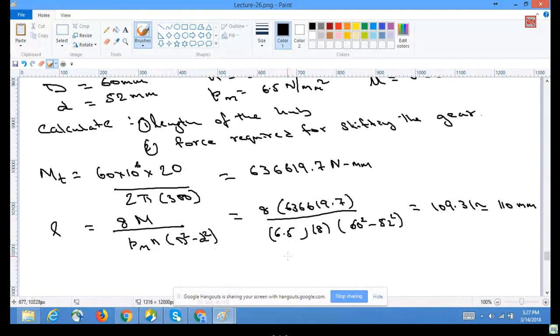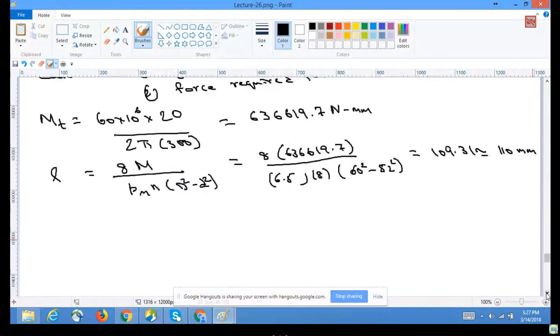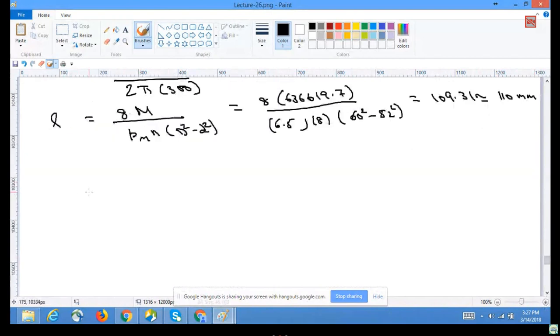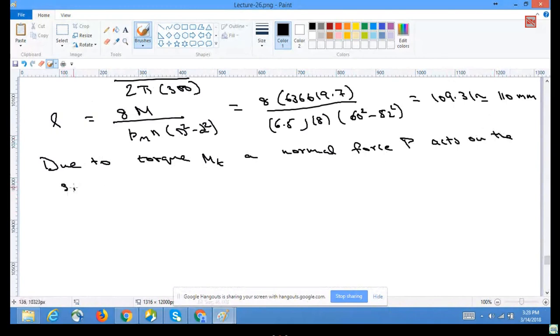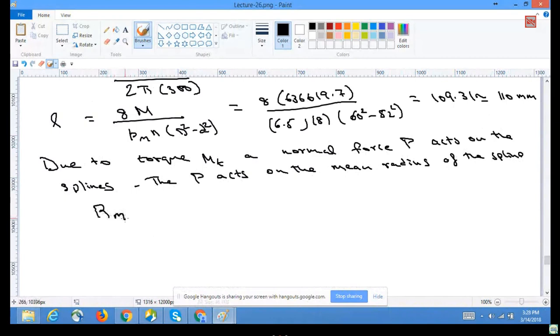Secondly, due to torque MT, a normal force P acts on the splines, and this P acts on the mean radius of the spline, where the mean radius is given earlier as (D plus d) by 4.